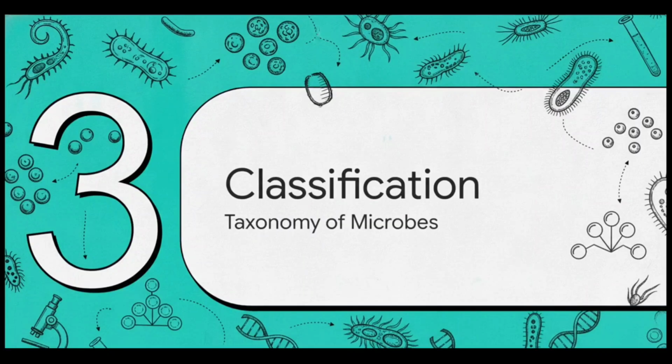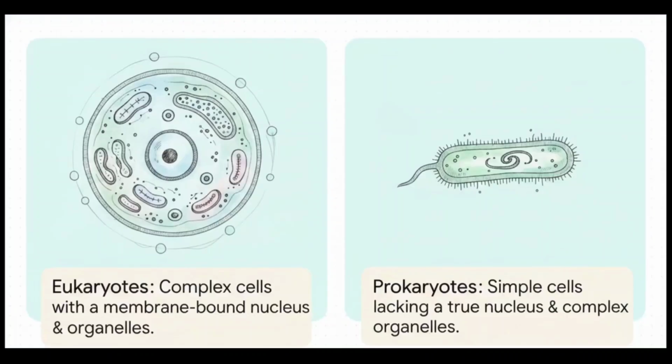Next is Section 3, Biological Classification and Taxonomy. Cellular life diverges structurally into 2 main categories, eukaryotes and prokaryotes. Eukaryotes, which include animal and fungal cells, are typically much larger. They possess true nuclei bounded by membranes, multiple linear chromosomes, and complex organelles like mitochondria and Golgi apparatuses, and they replicate via mitosis.